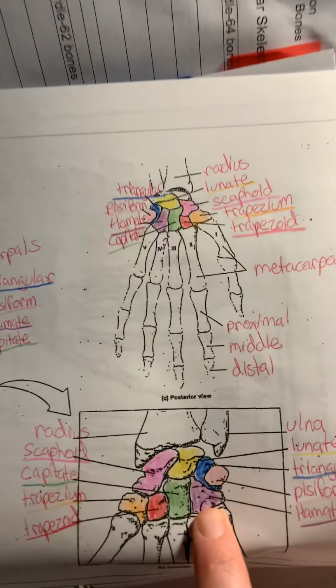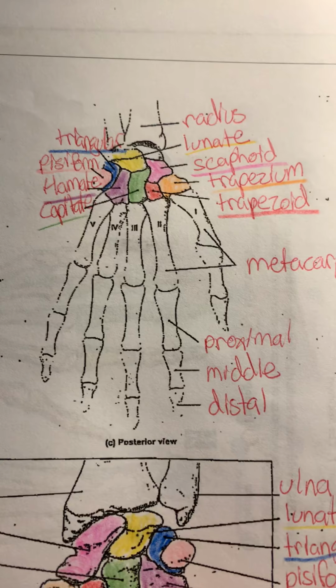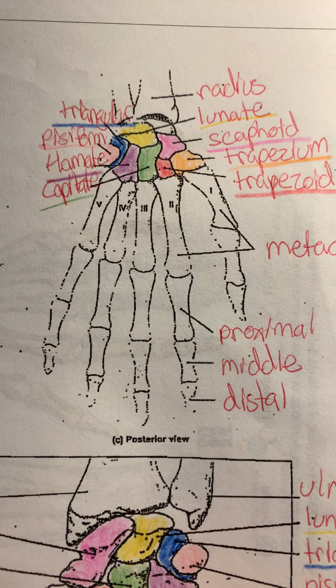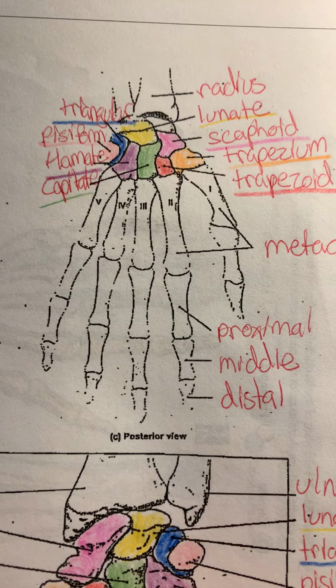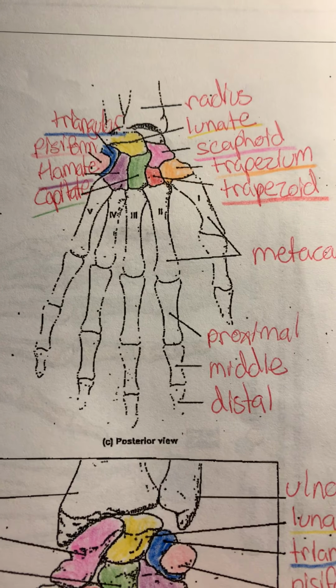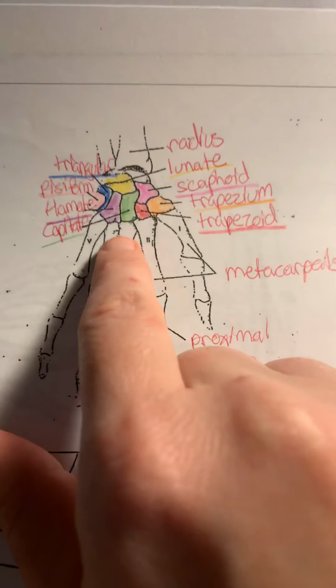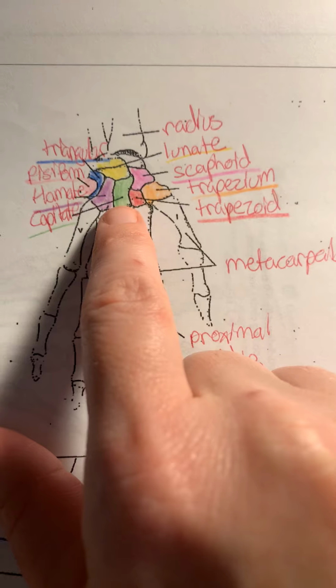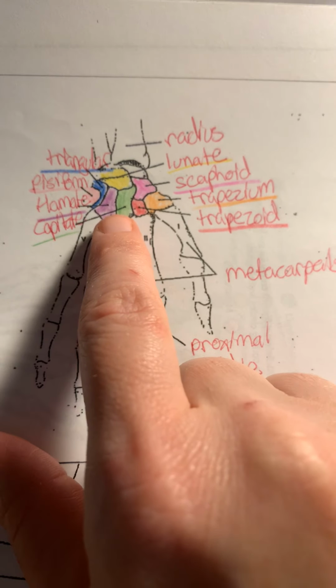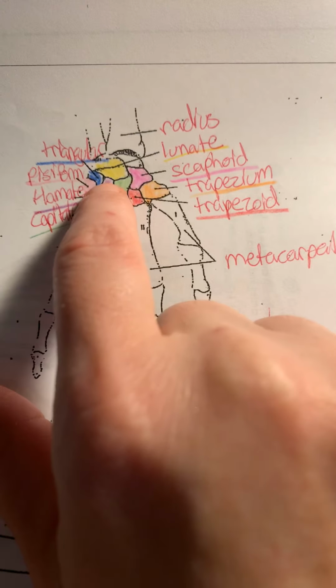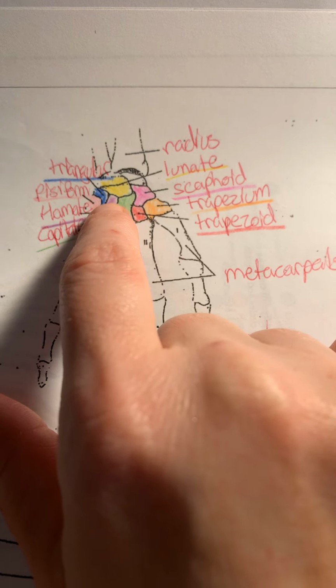Okay, then if we go up and look finally at the posterior view, so this would be the back side of the hand. So again, we're looking at the same bones, but we're just looking at them from the opposite side. So they're going to go in the opposite order. But I kept the colors the same just to help you.